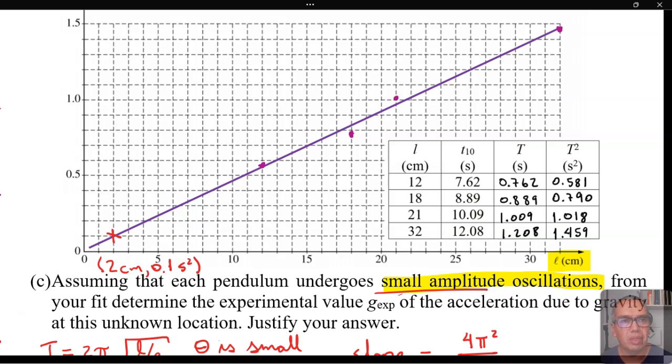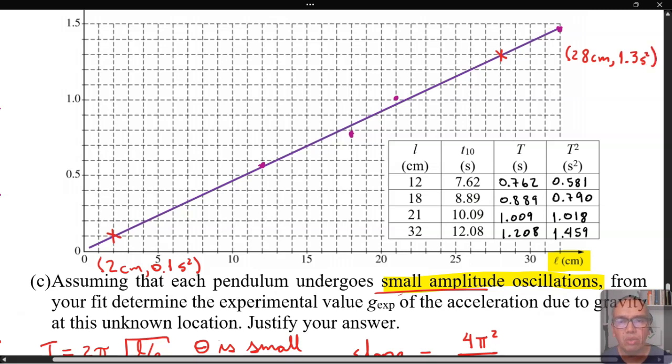Another good point will be something, for example, like this, which is, I believe, 28 centimeters on the horizontal axis, 1.3 square seconds on the vertical axis.